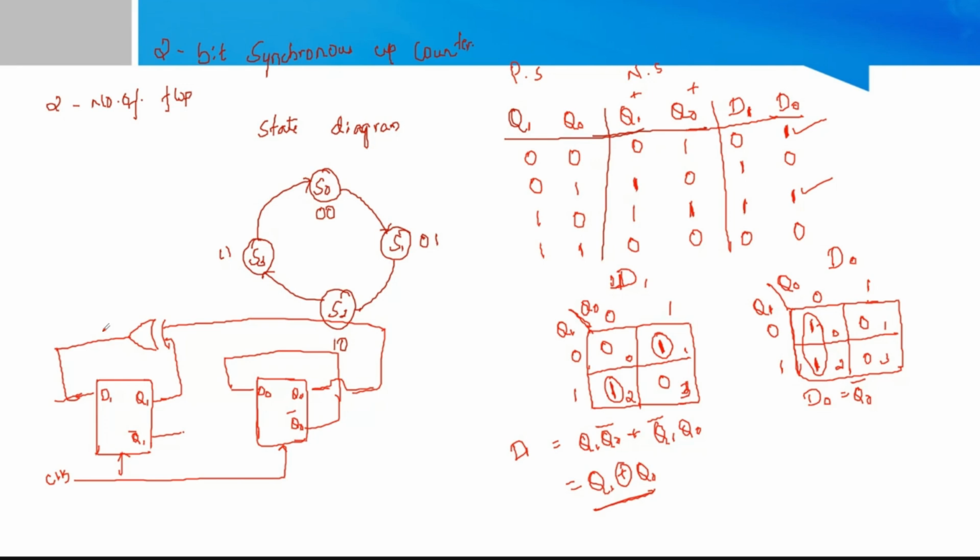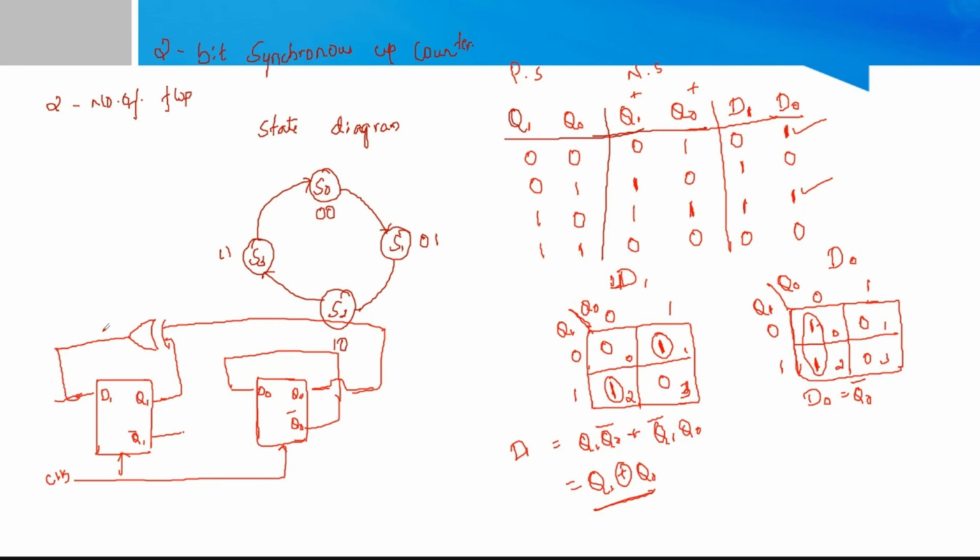How will you design the down counter? Taking one as the first input.